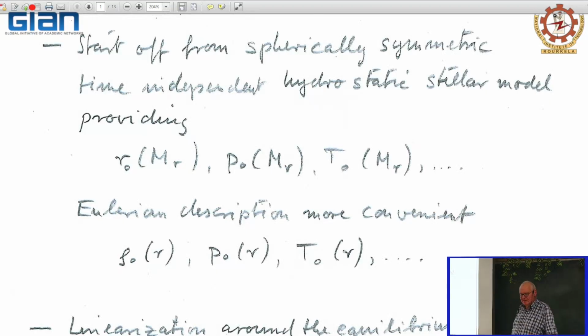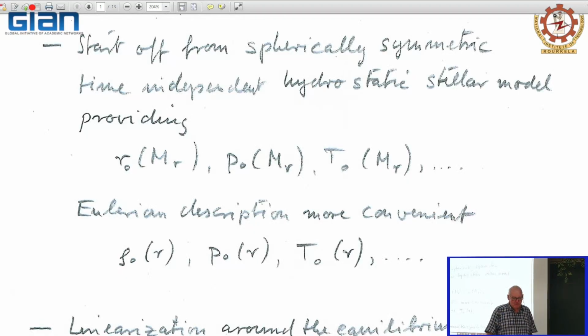On the other hand, as we are going to non-spherical, non-radial 3D perturbations, it's no longer advisable to use the Lagrangian description. It's more convenient to use the Eulerian description. So to say, we now consider our quantities as a function of position, and the position vector is our independent variable.